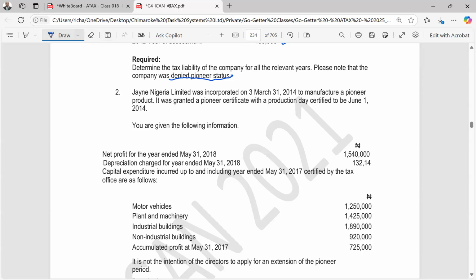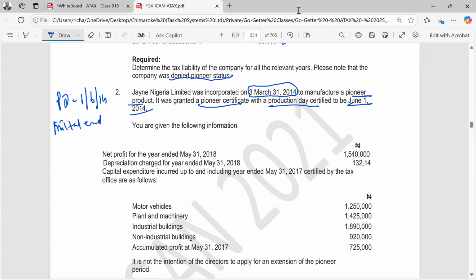Now, date of incorporation is not important. To manufacture a pioneer product, so now this is a pioneer product. It was granted a pioneer certificate with production date certified to be June 1, 2014. So what did I say? Production day 1/6/14. When is it going to end? Initial end.